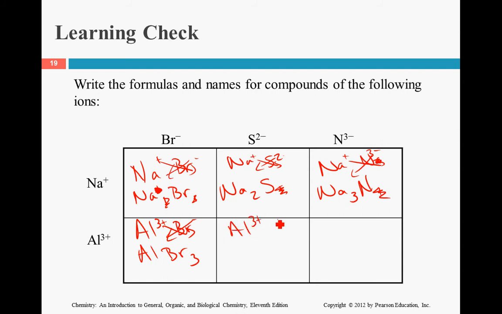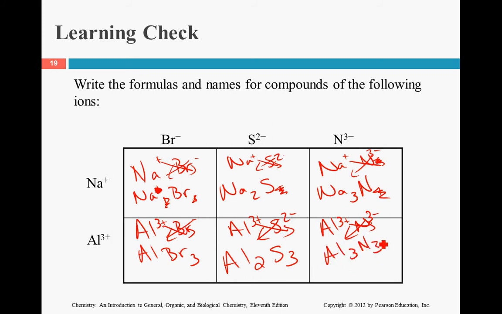Al3 plus, S2 minus, crisscross, Al2, S3. Once again, I never write the charges, I just write the numbers themselves. And the last one, this is a little trickier. Al3 plus, N3 minus, crisscross, Al3, N3.